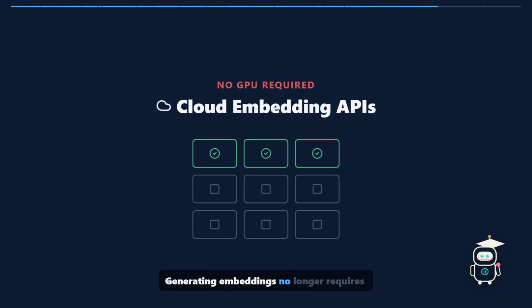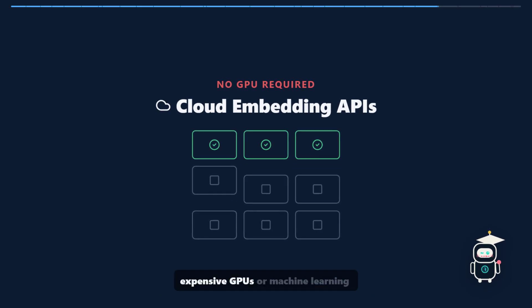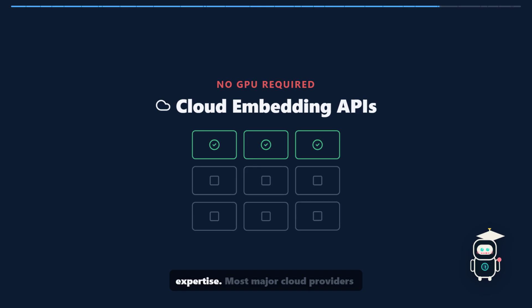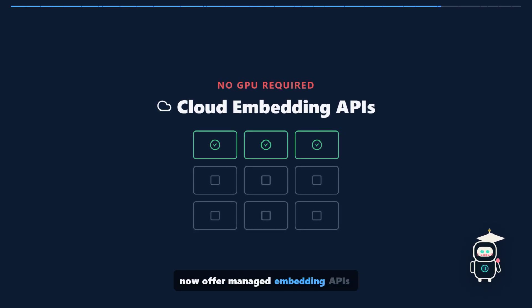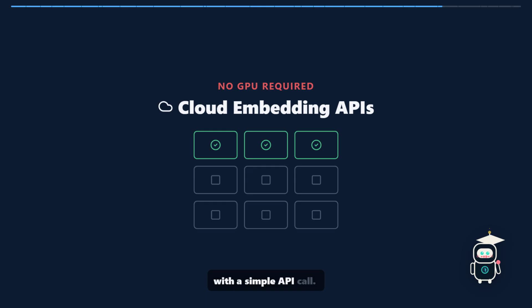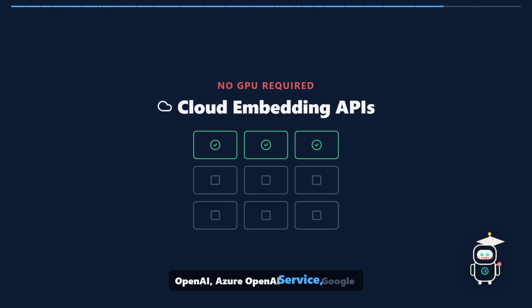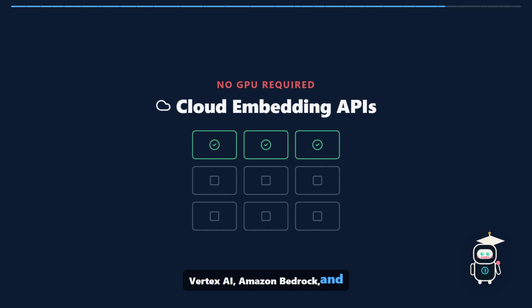Generating embeddings no longer requires expensive GPUs or machine learning expertise. Most major cloud providers now offer managed embedding APIs that convert text into vectors with a simple API call. OpenAI, Azure OpenAI Service, Google Vertex AI, Amazon Bedrock, and Cloudflare Workers AI all provide embedding capabilities for different deployment scenarios.